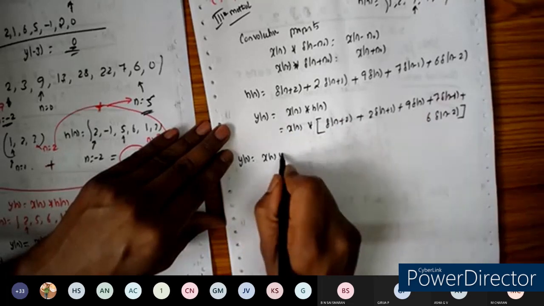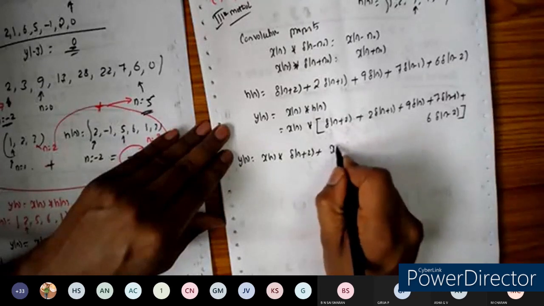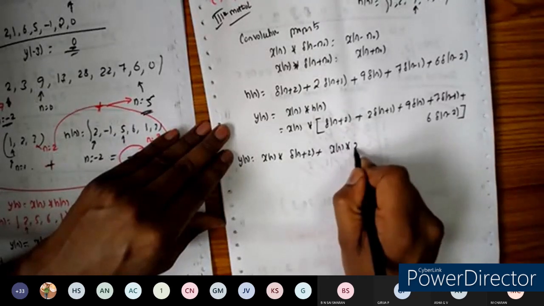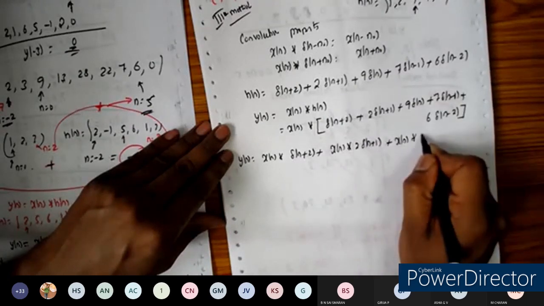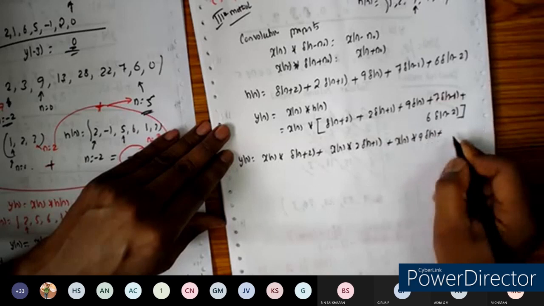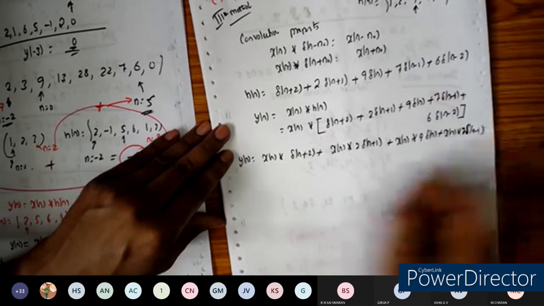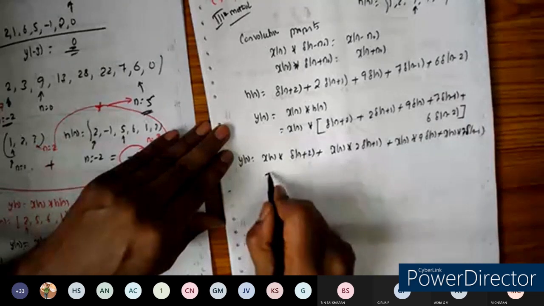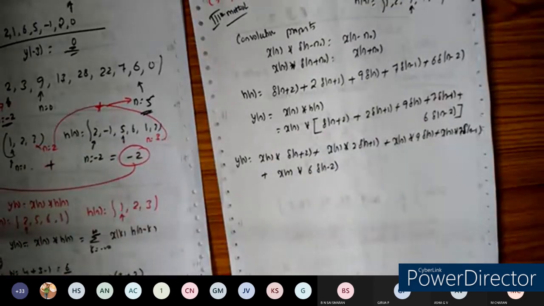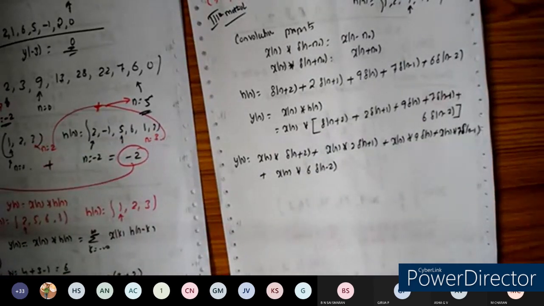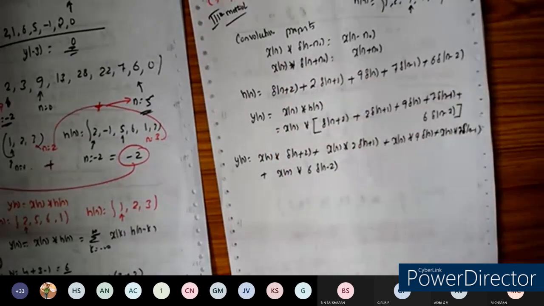So x of n convolution with delta of n plus 2, plus x of n convolution with 2 into delta of n plus 1, plus x of n convolution with 9 into delta of n, plus x of n convolution with 7 into delta of n minus 1, plus x of n convolution with 6 into delta of n minus 2. Okay, now you can evaluate the convolution. Apply this property here, these two properties, and evaluate the functions.